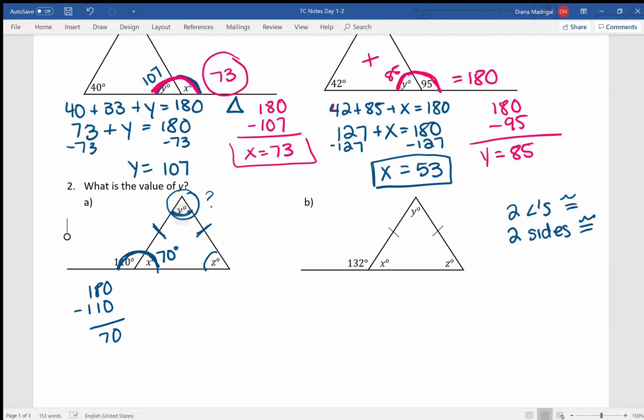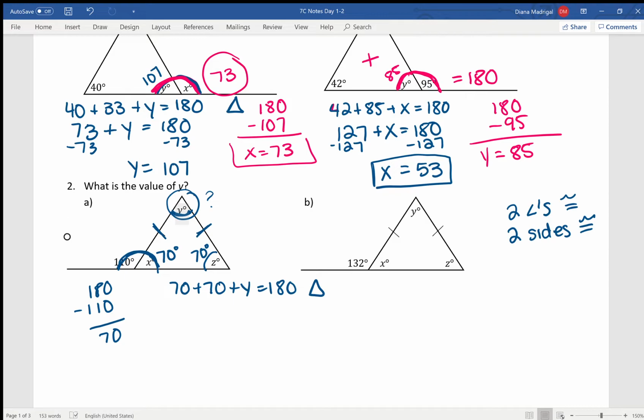And again, it is an isosceles triangle, so the other angle has to be 70. Once I know those two angles, I can figure out y, because all three angles added together equal 180. So 70 plus 70 plus y equals 180, because that's the rule of a triangle.